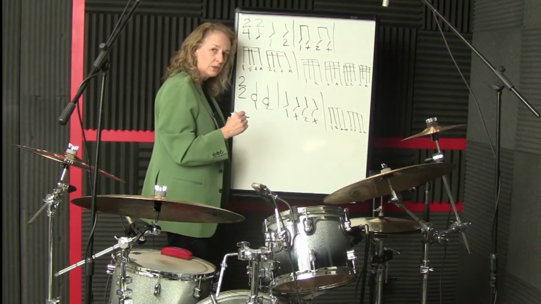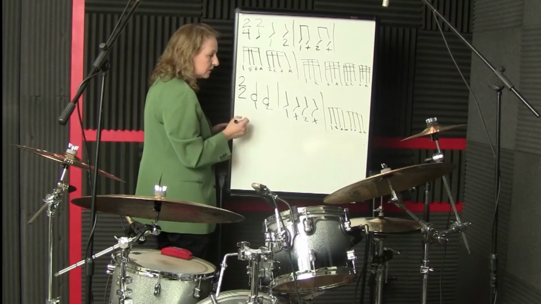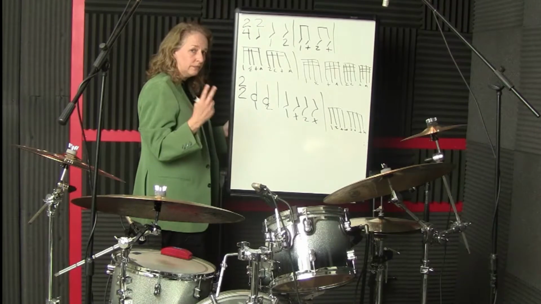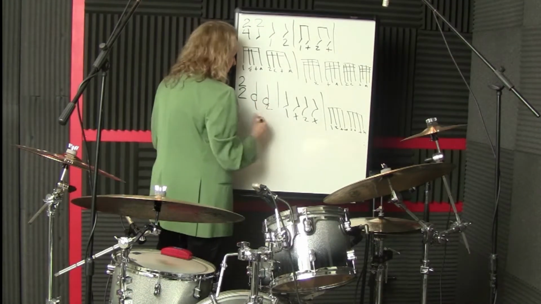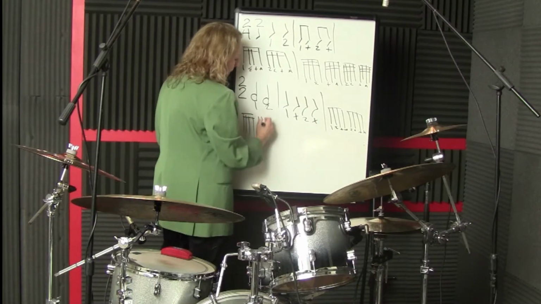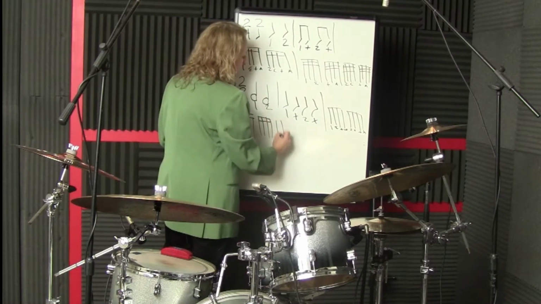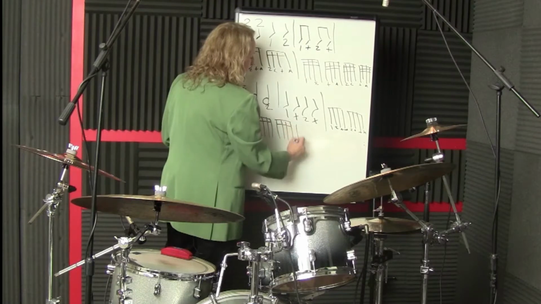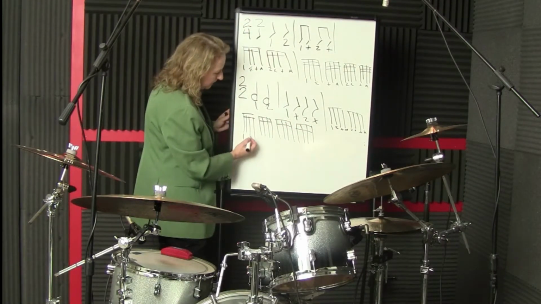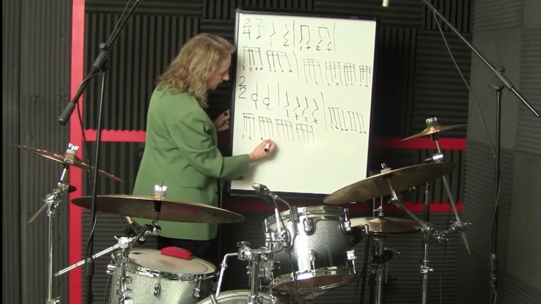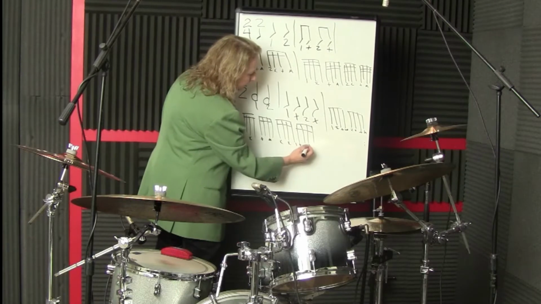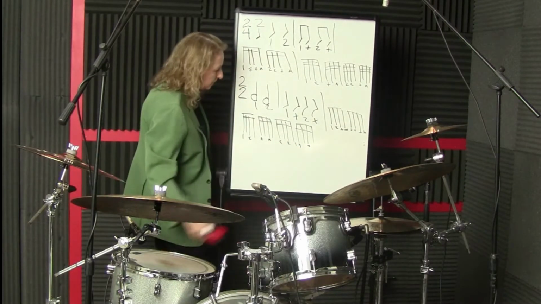Eighth note times 2 is 16. That means it's the 16th note. Look, you have 8 here, so you need twice as many, 16. 16 16th notes. You're going to continue the 4-part counting. And what that means is that it's every other note. 1 E and 2 E and.